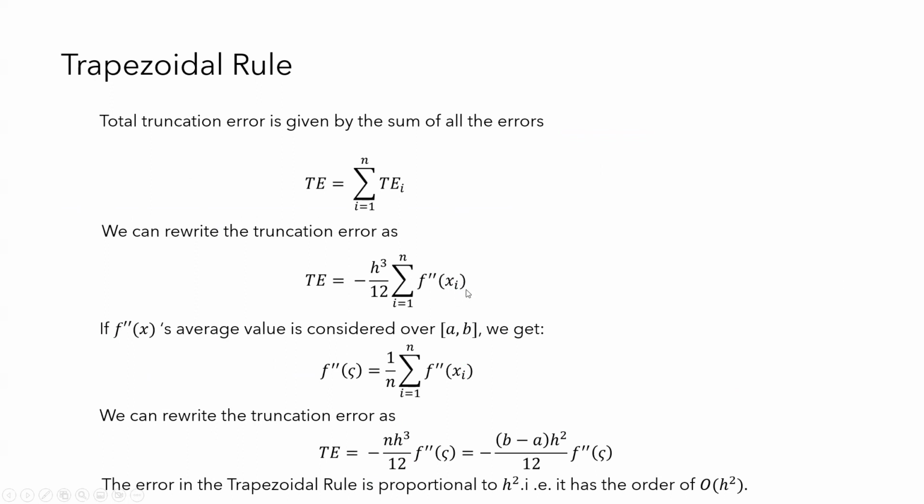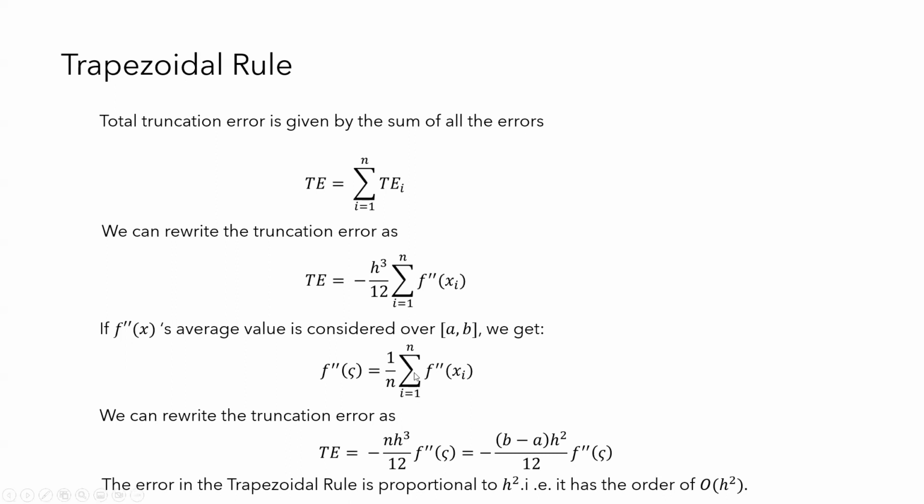Now, mathematically, it was proven that this summation can be replaced using some value, and that value is equal to the average of these second order derivatives of the function.